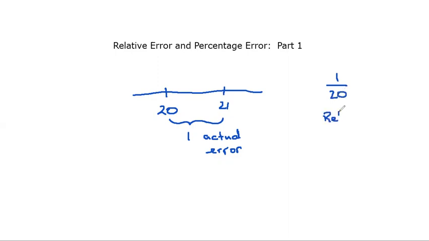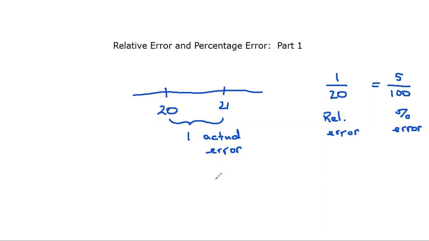It's relative to the actual measurement. And if you wanted to, you could turn that into a percentage, percent being over 100. You figure out that top number and you get 5 over 100. This is what is called the percentage error. That's the idea behind it.